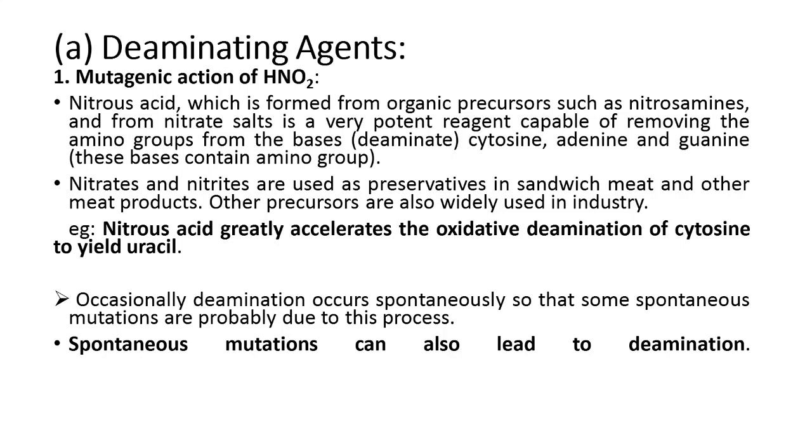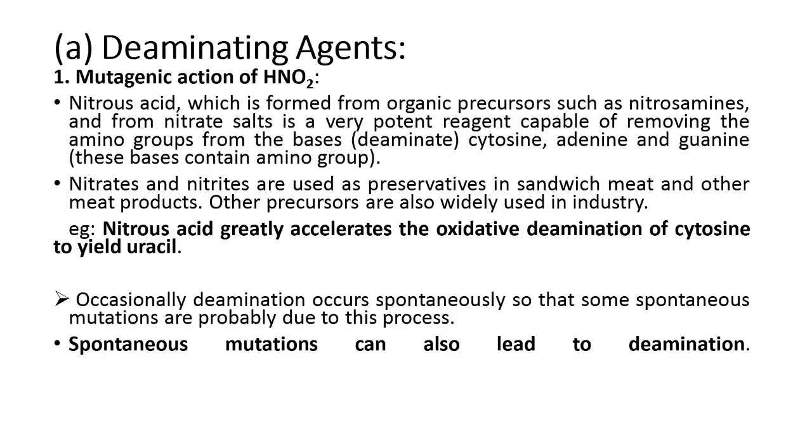Usually, these three bases contain the amino group in their structure. Nitrates and nitrites are used as preservatives in sandwich meat and other meat products. Nitrous acid greatly accelerates the oxidative deamination of cytosine to uracil.